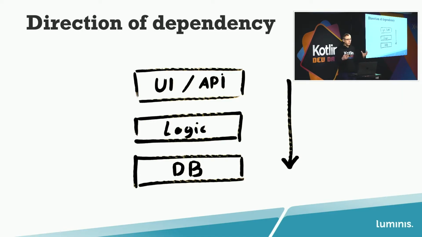It's about making a restriction on what kind of dependencies you can introduce. Here it means that a top-level module can only import stuff from the module below it. You can only depend on something from the module below it, and you cannot depend on something from a module above you. That would violate this architecture.